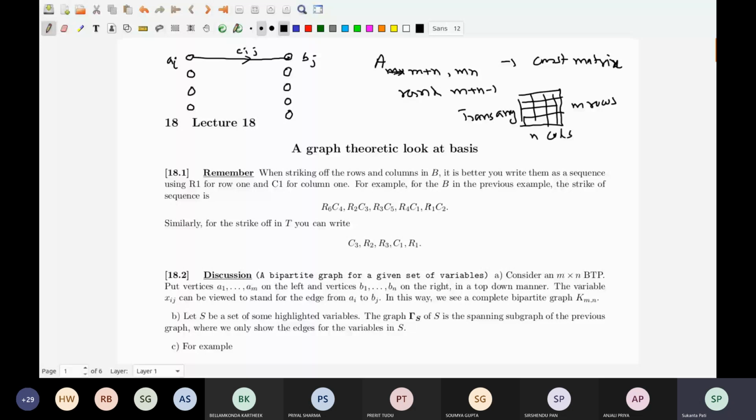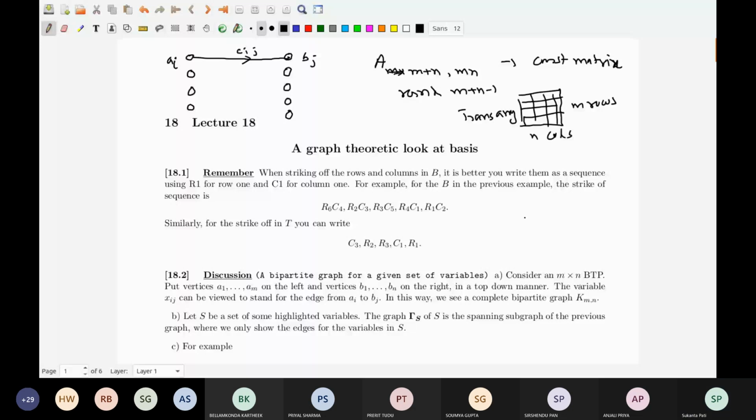So when you are striking off rows and columns, if you simply take the basis matrix and strike it off, I wouldn't make out which one you struck off first. So better you write it as a sequence like R6 C4.